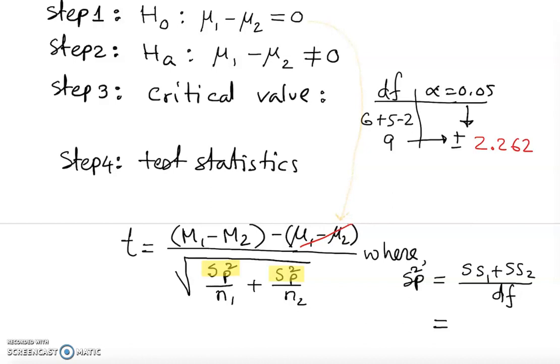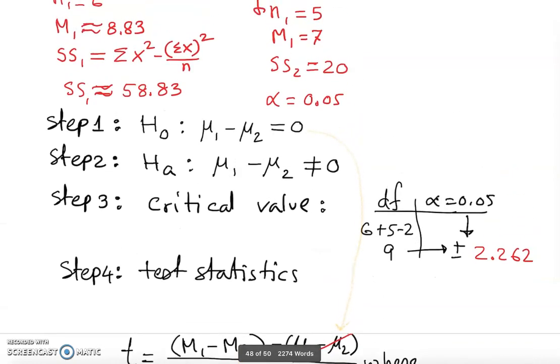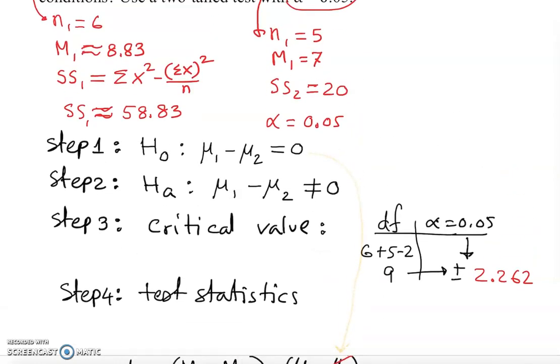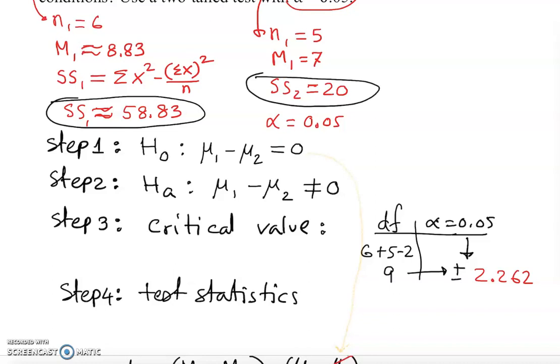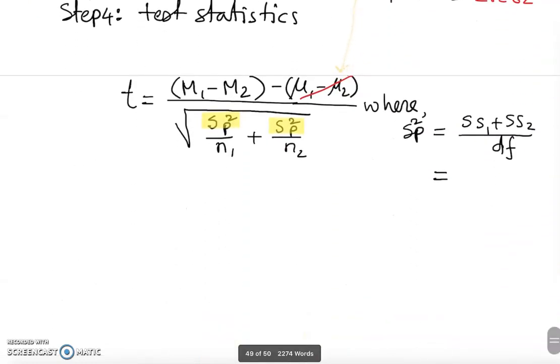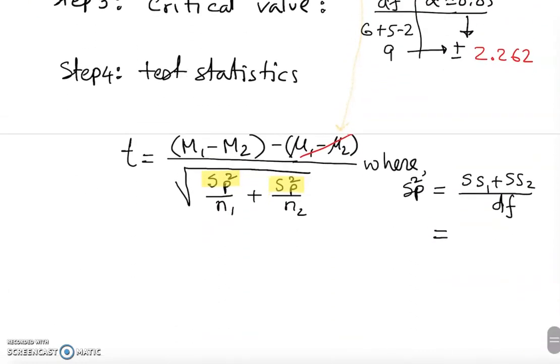SS1 is also given in the problem down here. I want to make sure that we understand. This is the SS1 given, and this is the SS2 given. So we are filling in that information. So SS1 is given as 58.83 plus 20 over degree of freedom, which is 9.